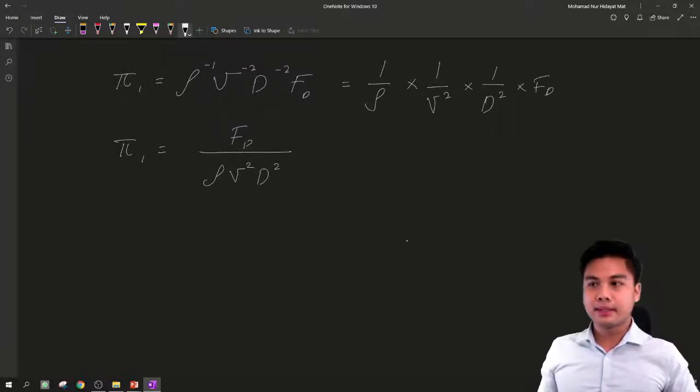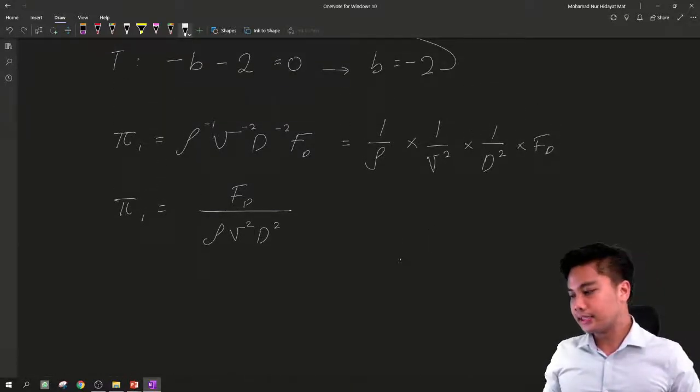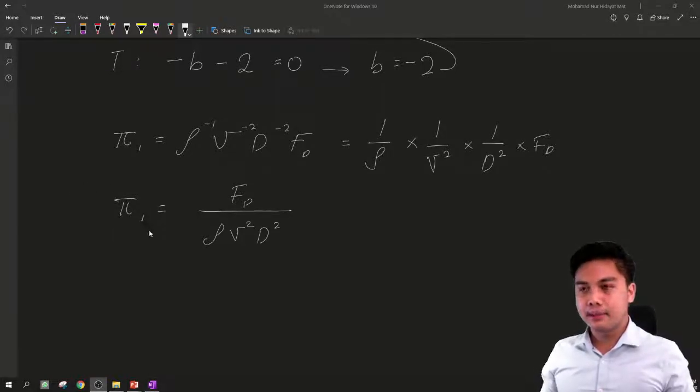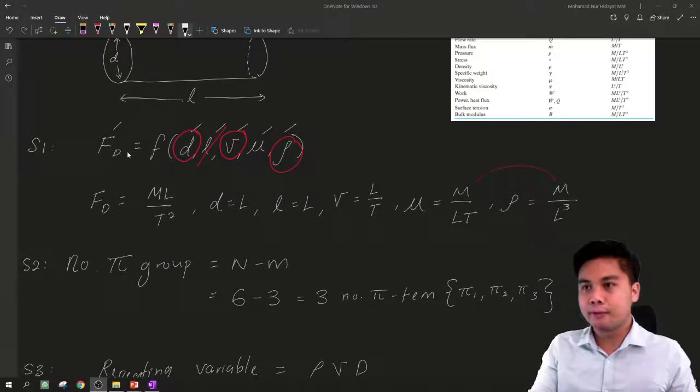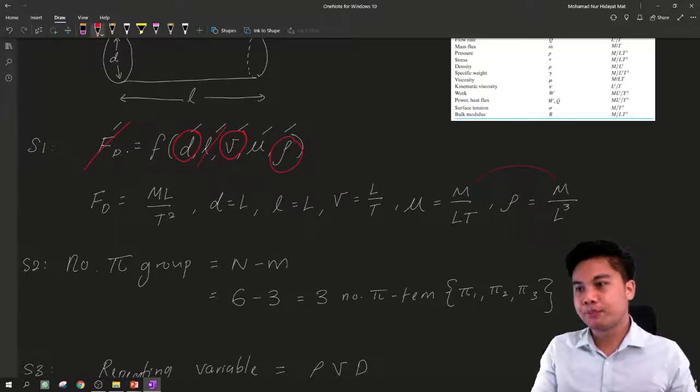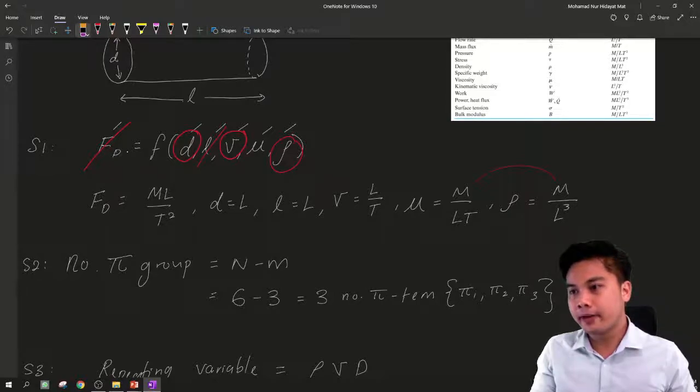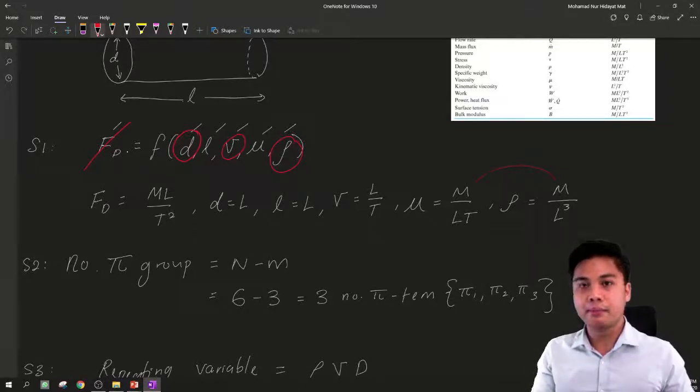Okay, the first pi term we have discovered. The next pi term, we're going to use this variable. Once we have considered this variable, this is finished. Only this variable is left. Our repeating variables are these, which will appear in all pi terms: pi 1, pi 2, pi 3.